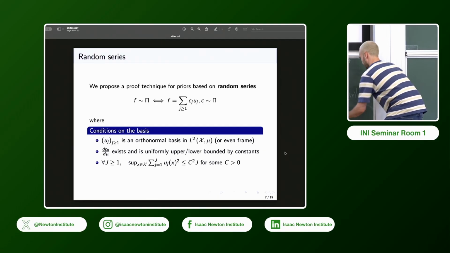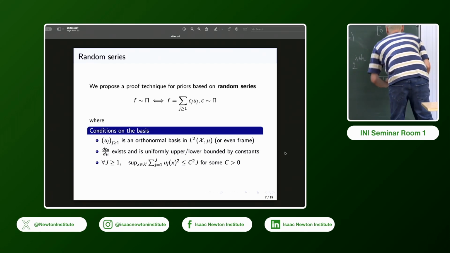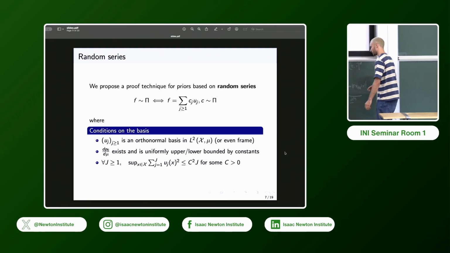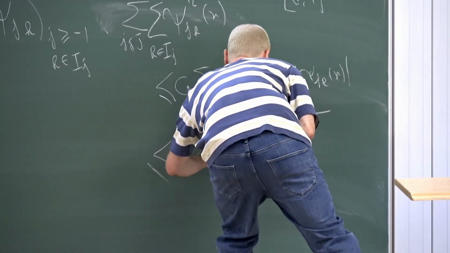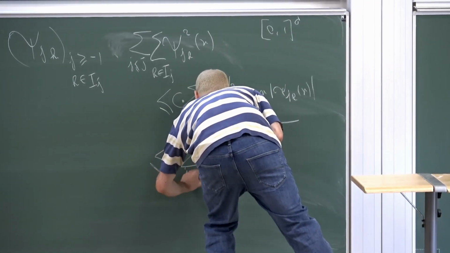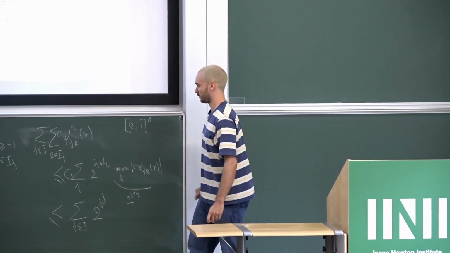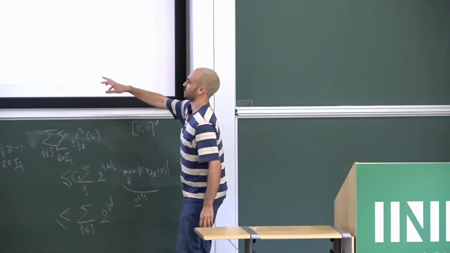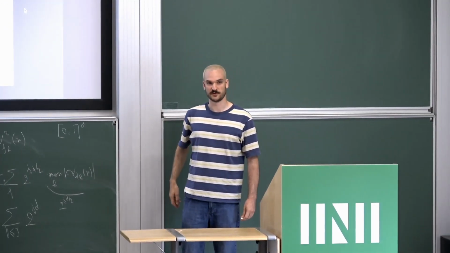And in the same way, this is bounded by 2^(jd/2), just by construction of wavelets. They always satisfy these kinds of bounds, perhaps up to a constant. And so you're left with, up to a constant, the sum of 2^(jd) for j less than capital J, which is exactly the number of basis functions if you stop the decomposition at level capital J. So up to a change in what capital J means, you have the same property that's satisfied.